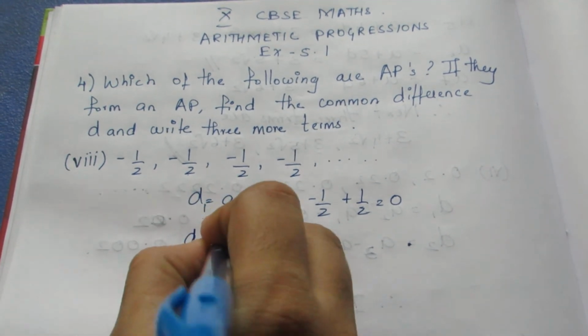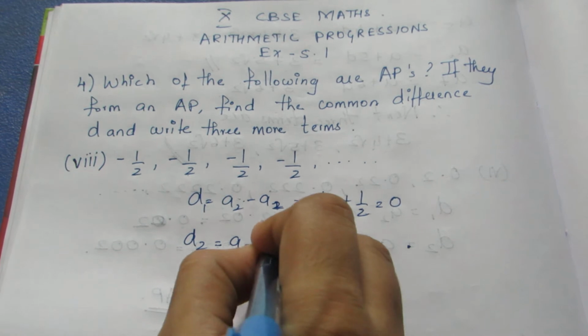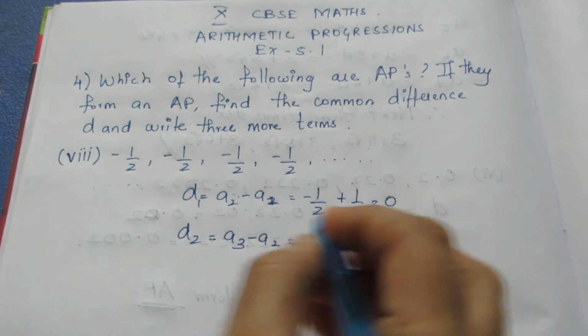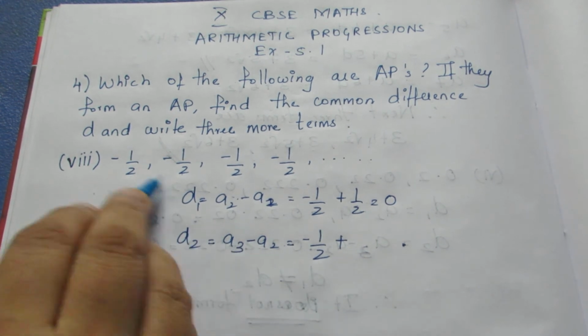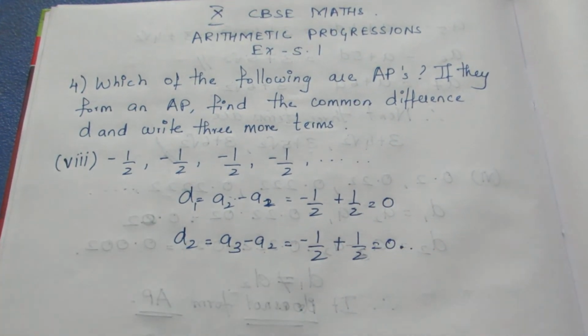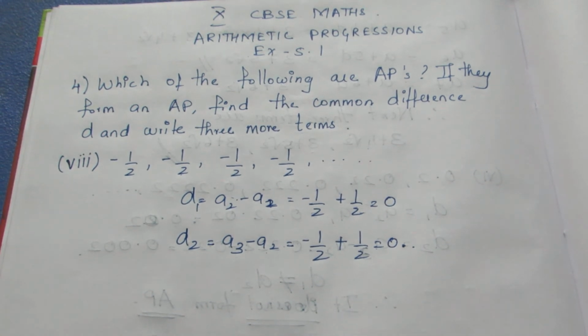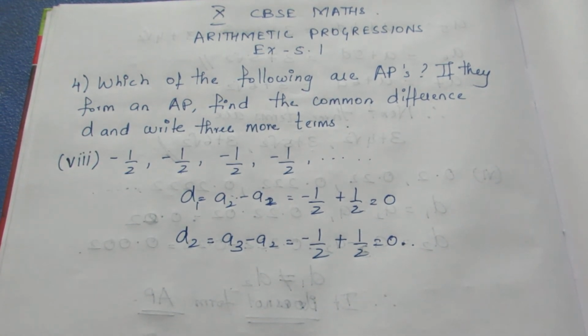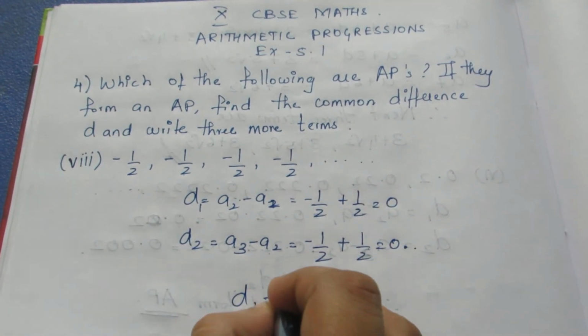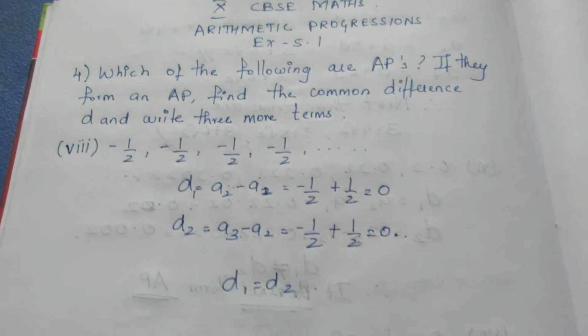We need to find D2. D2 is A3 minus A2, which is minus 1 by 2, A3 is minus 1 by 2. As I said before, minus into minus will become plus. So here also 0. Most of them have a doubt whether a common difference D can be 0. Yes, it can be, because the only rule is the common difference should be the same.